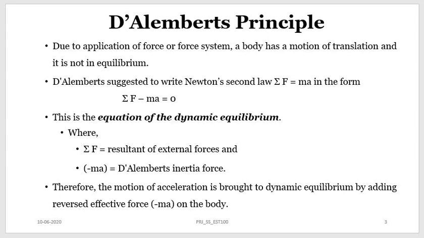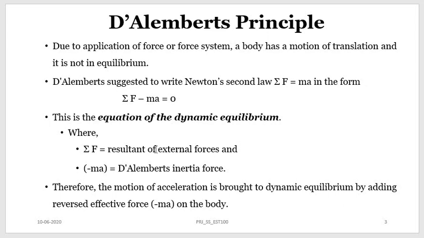From Newton's second law, D'Alembert suggests that the equation sigma F equal to ma can be written in the form sigma F minus ma equal to 0. From that equation, sigma F is the resultant of all the external forces acting on the body, and minus ma is the inertia force.